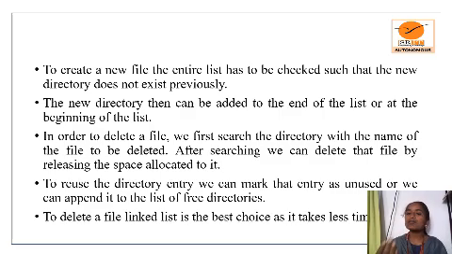After searching the directory name, we can delete that file and free that space. To reuse this directory entry, we can mark the entry as unused or we can append it to the list of free directory entries. So to delete a file, a linked list is the best choice as it takes less time.